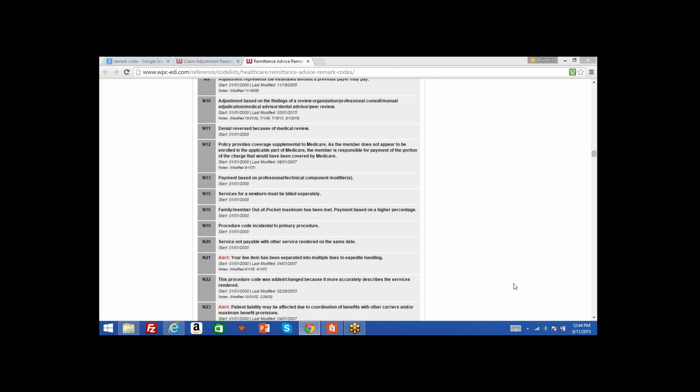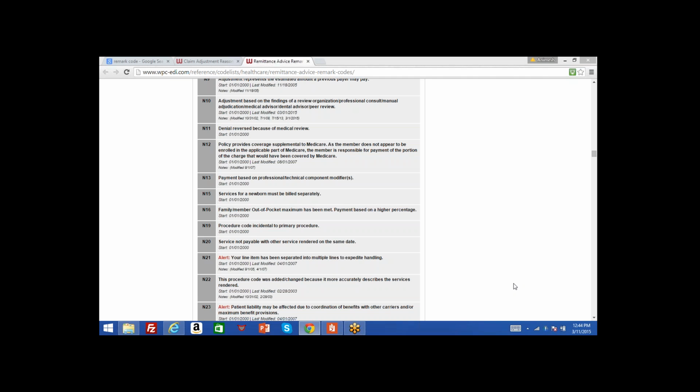That being said, the insurance company needs to receive the modifier. So now let's say that based on the modifier the payment is made and some CARC code is provided on top of that, or the payment is reduced. So you could have some CARC code along with N13, which says payment based on professional or technical component modifiers.